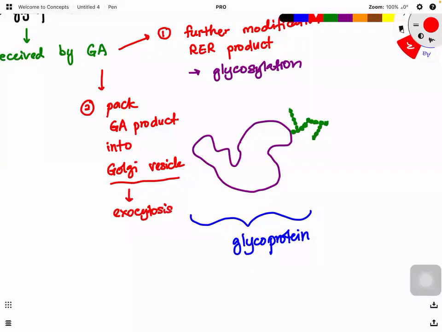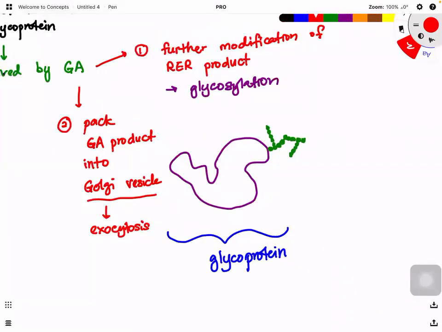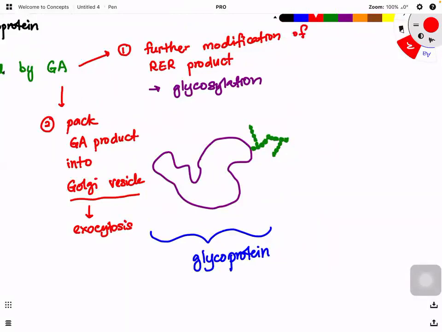So two major functions of the Golgi apparatus: further modification of the ER products, continuing to make more variety, and then packing them. It's something like a sorting center, sorting them together, because they come in, you may have enzyme 1, enzyme 2, enzyme 3. So we pack them nicely together, and then we can carry out exocytosis. How do we pack them? We pack them in the Golgi vesicle.